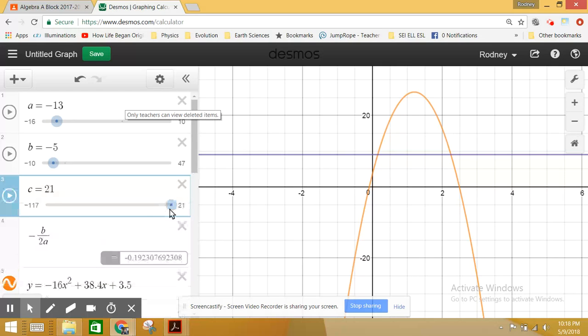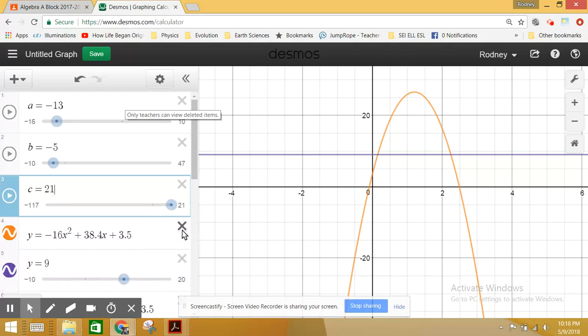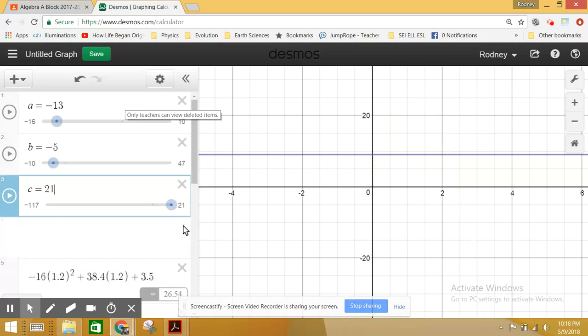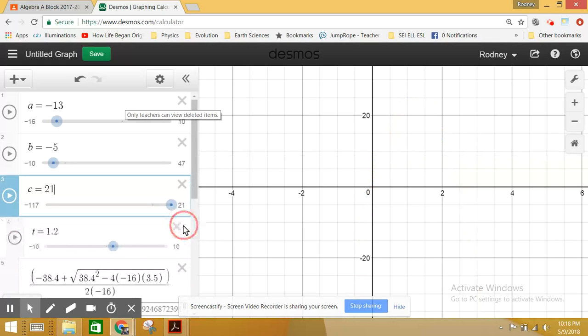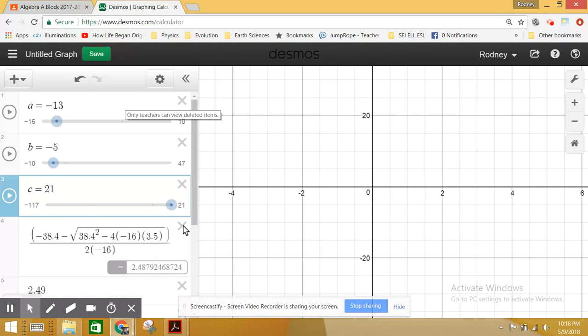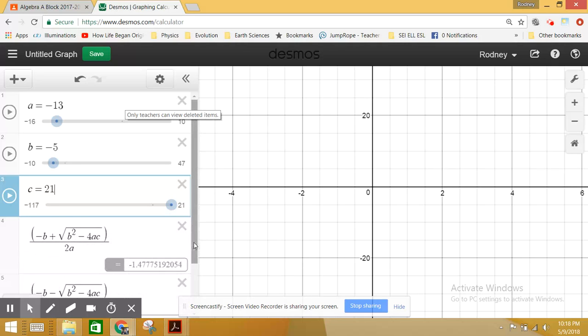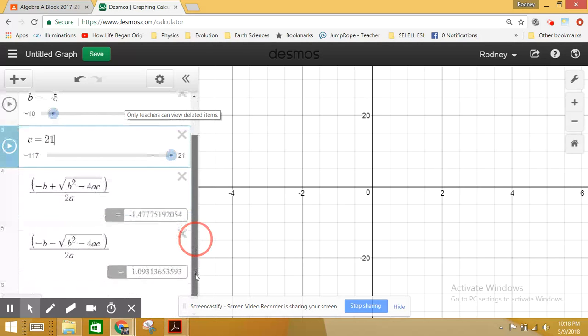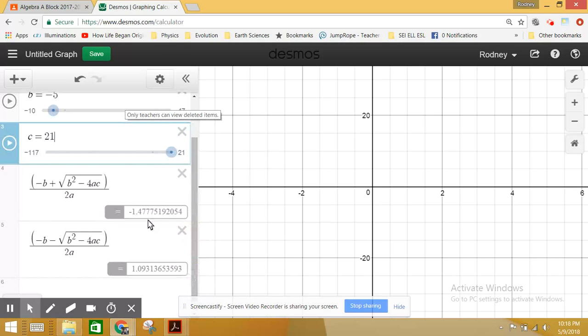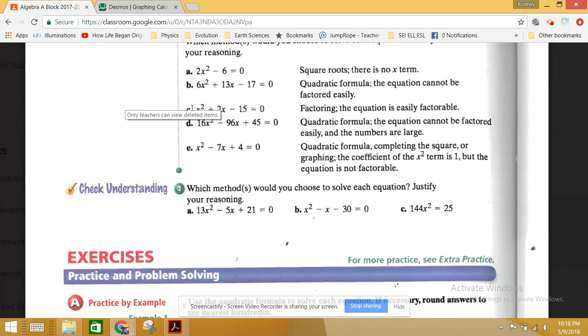Okay. And now we have our solutions. Our solutions are ugly. We could round them to the nearest hundredth. Negative 1.48 and 1.09 would be our solutions for that one. Quadratic formula definitely on that one.